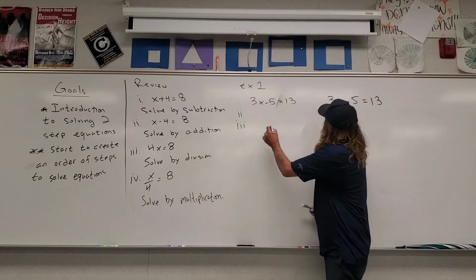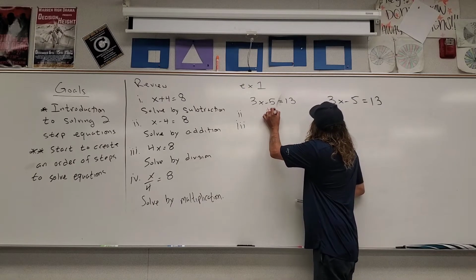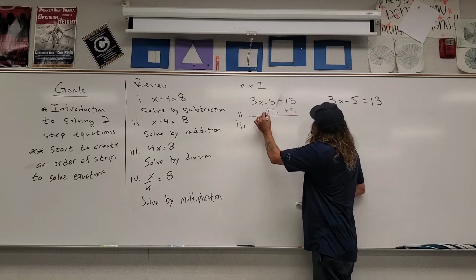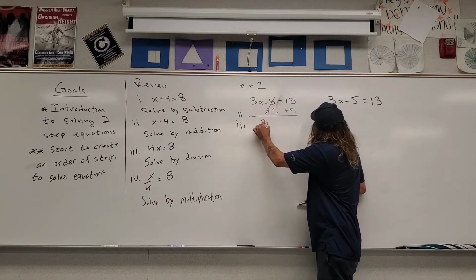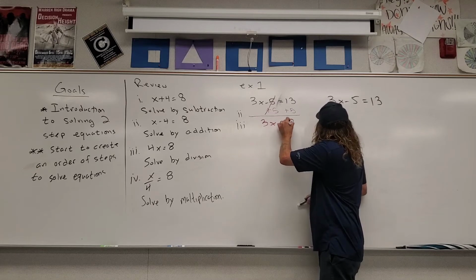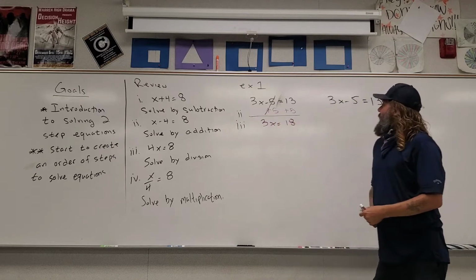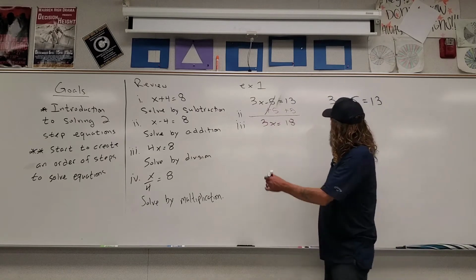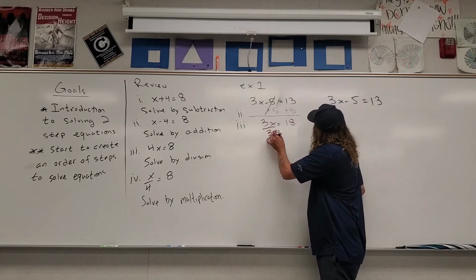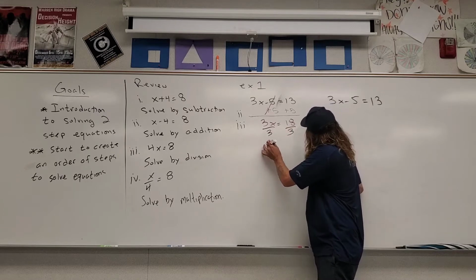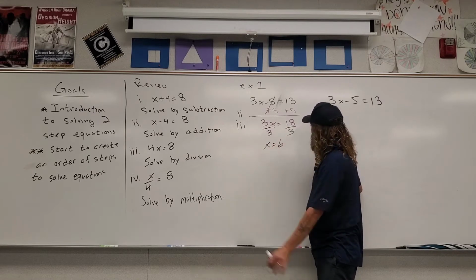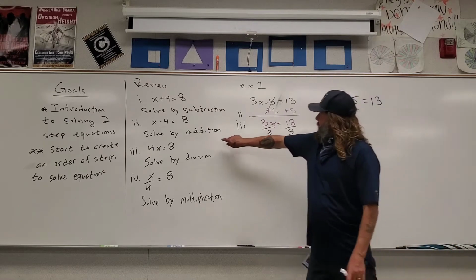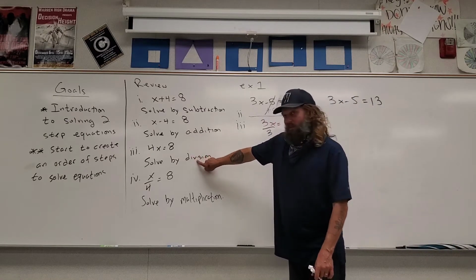So my first step would be to add 5 to both sides. Now those cancel, and I'm left with 3x is equal to 18. Then I have a solve by division, so we divide both sides by 3, and we see that x is equal to 6. So this is how the problem looks if I do addition before I do division.